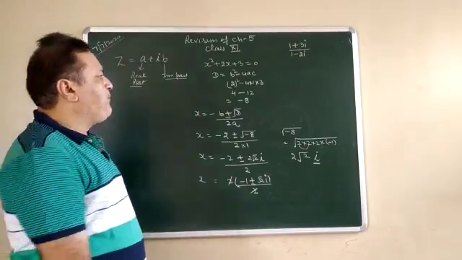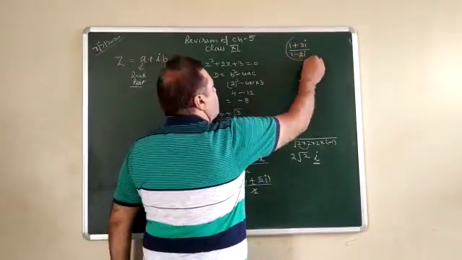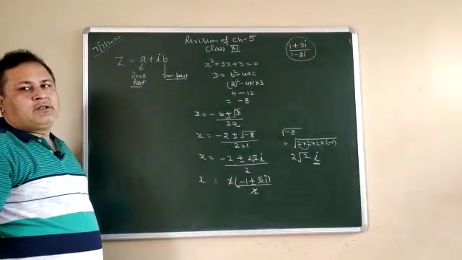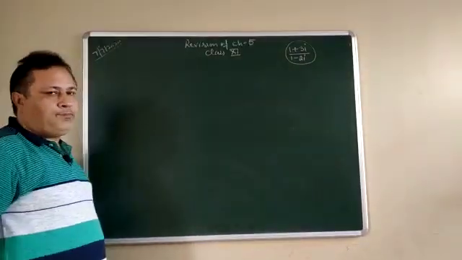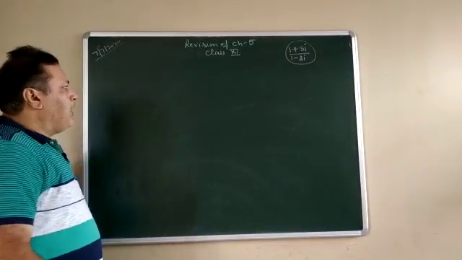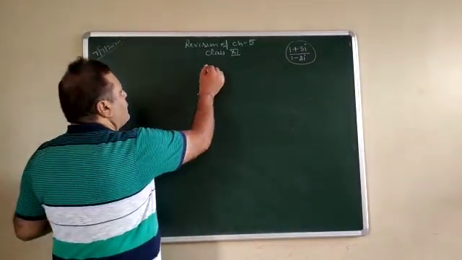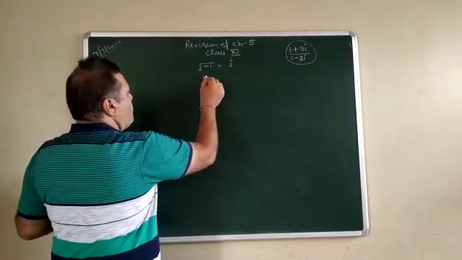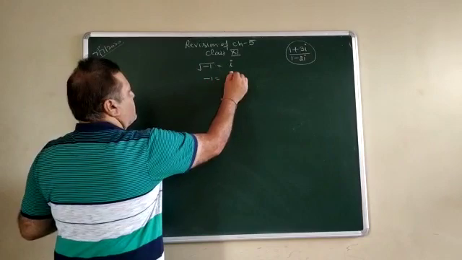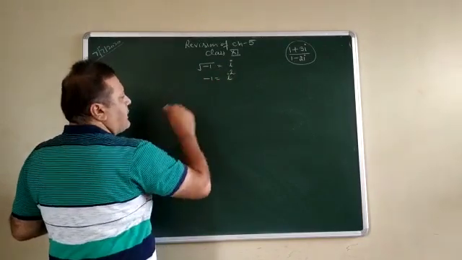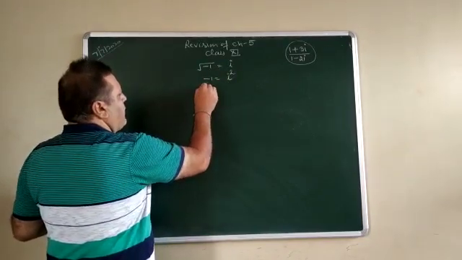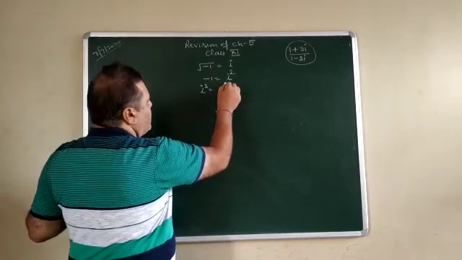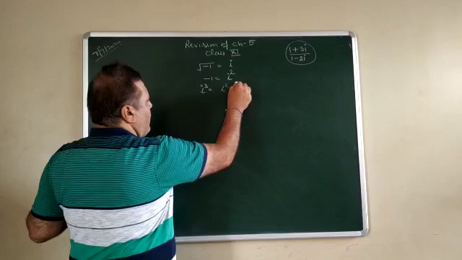Now see, there is one complex number given to you, 1 plus 3 iota upon 1 minus 2 iota. Now see, as we know, under root of minus 1 is equal to iota, so minus 1 is equal to iota square. If we find the value of iota cube, it is equal to iota square into iota.